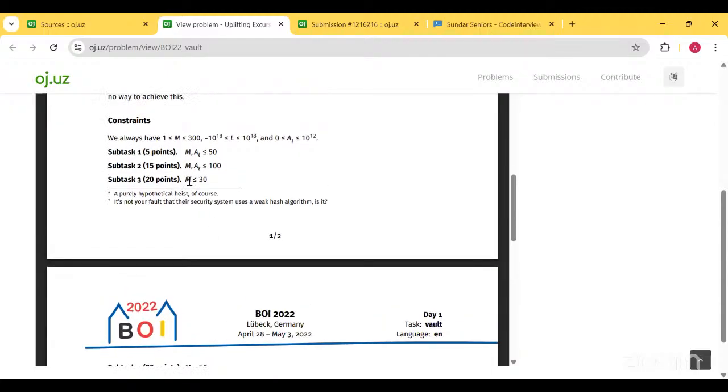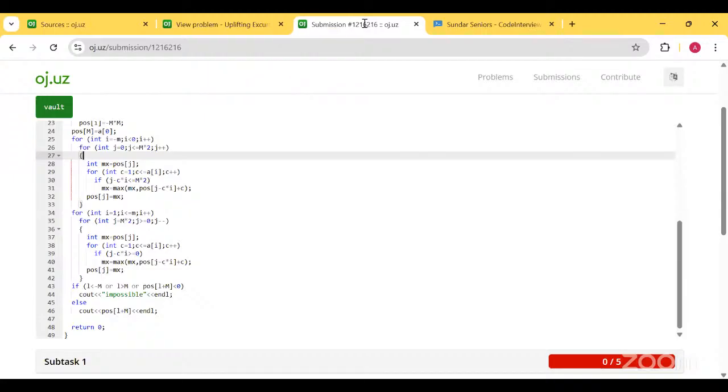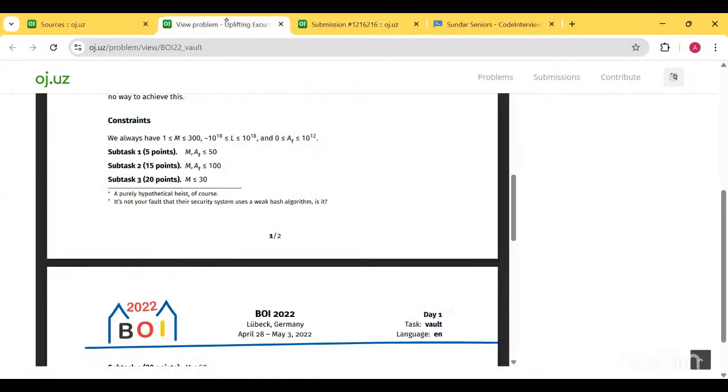Okay, wait, maybe let's solve M up to 30. In subtask 3, the value of a is not bounded, which means a can be up to 10 to the 12. So if we use knapsack directly, it will be slow, right? So do you have any idea how to make it faster?